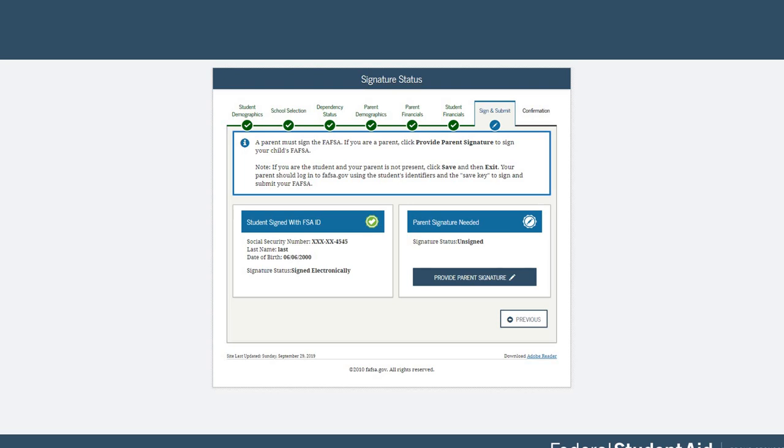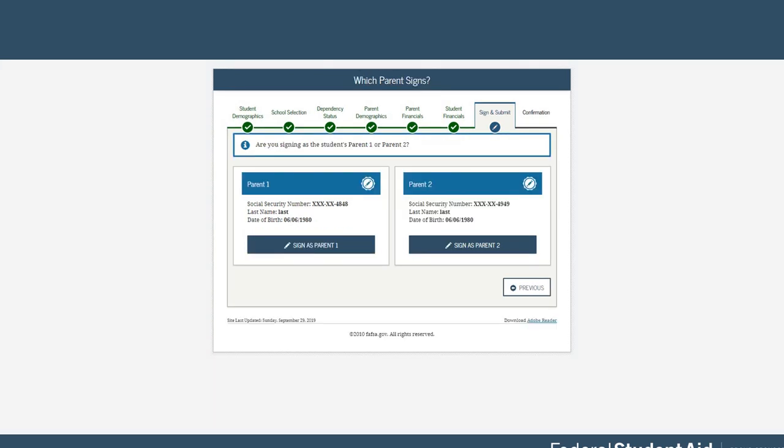Now the parent will have to sign, and it's the same idea. It could be one parent or it could be two, depending on your living arrangements, circumstances, what parent you live with, what parent you provided information for in the FAFSA, etc.